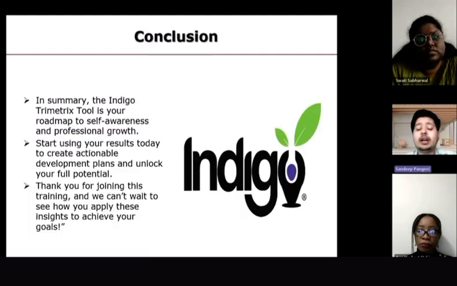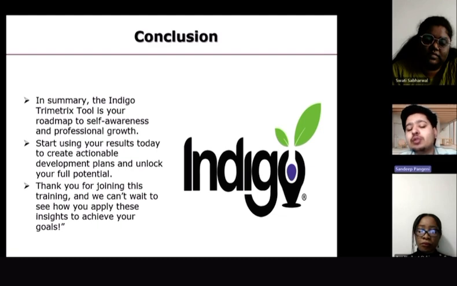In conclusion, the Indigo Dramatics evaluation tool training gives participants a deep understanding of their behaviors, motivators, skills, and social emotional traits. The feedback was positive, and even though about 15% of participants needed extra support, the training overall met its goal.